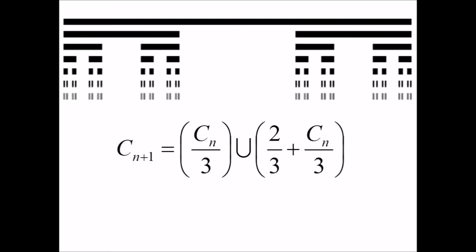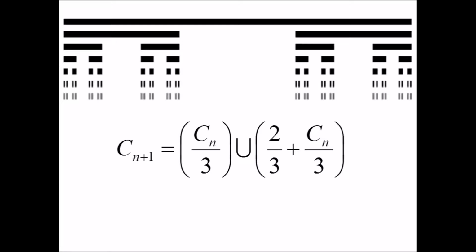The left-hand side denotes the next set in the sequence that approximates the Cantor set, and says it equals some kind of transformation applied to the previous set in the sequence. The first set of parentheses on the right-hand side shrinks the approximation by a third.